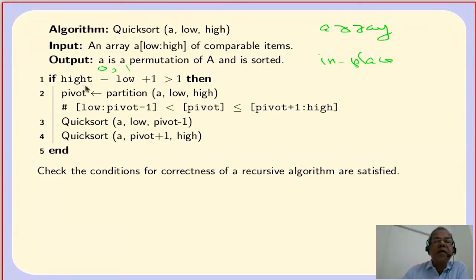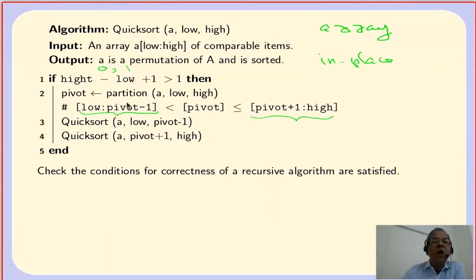Pivot is that i. After returning from partition, low to pivot minus 1 is less than pivot. Pivot plus 1 to high is larger than or equal to pivot. Okay. Therefore, all that we have to do is sort the subarray low to pivot minus 1. Sort the subarray from pivot plus 1 to high.